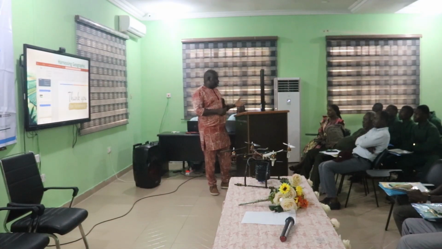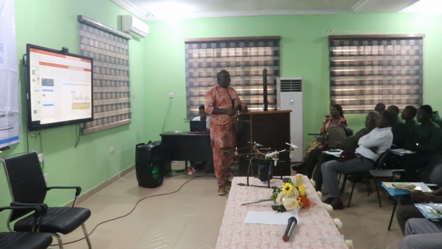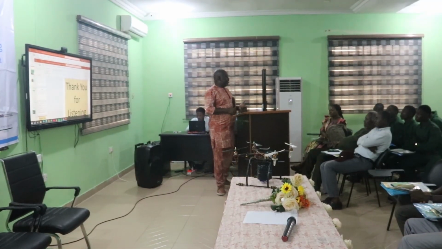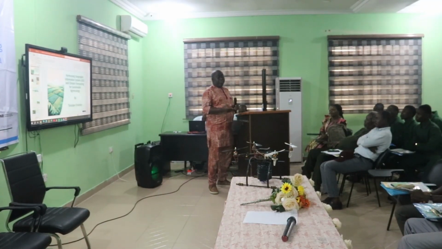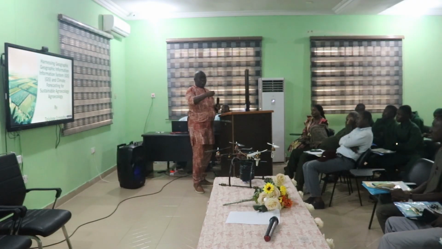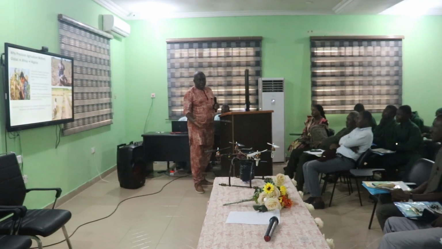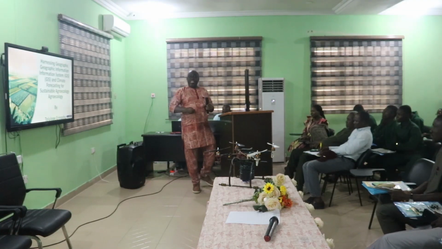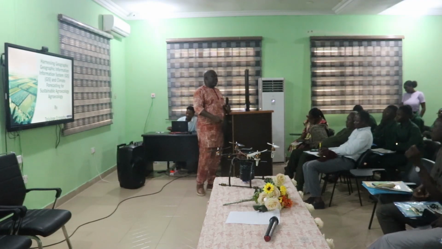Irrigation again, smart irrigation. We have what we call the DHT, the digital humidity and temperature sensor. This is what we use for smart irrigation, and it's straightforward. Once you put your DHT inside the soil, it checks the humidity of that soil.